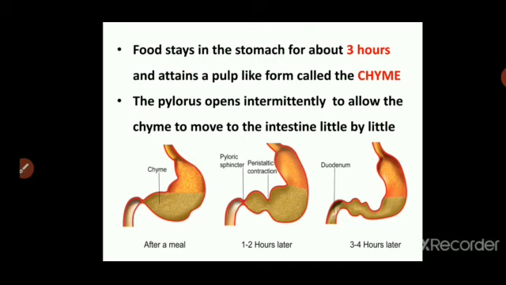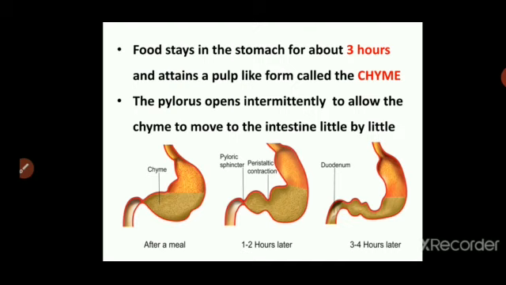Then once the chyme is created, the pyloric sphincter allows the chyme to enter into the small intestine, and it is poured into the small intestine little by little. As you can see in the diagram, after a meal, see the quantity of food in the stomach. Once the food starts getting digested, after 2 hours, a little part of the digested food is poured into the small intestine.